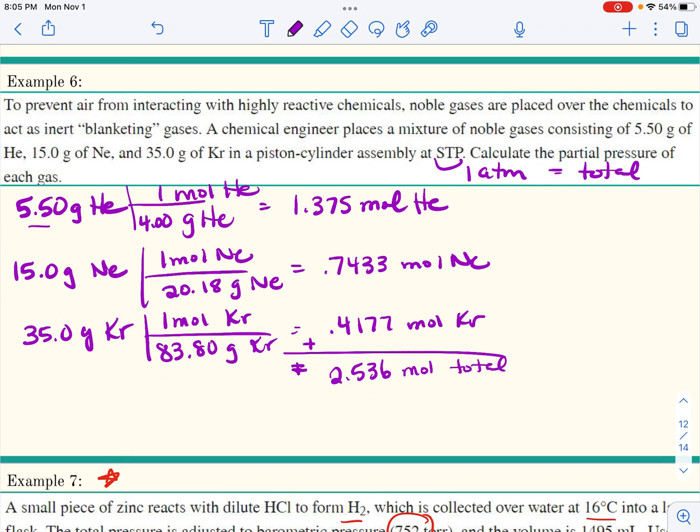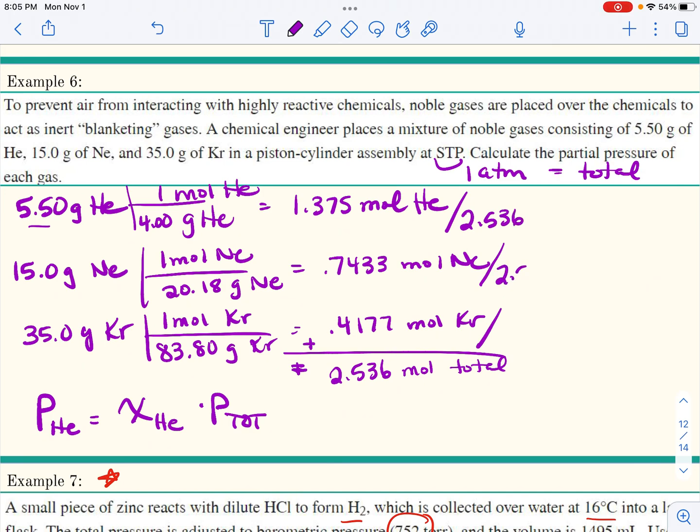All right, they told me that this mixture has a pressure that equals standard pressure. So this is my total pressure. So remember that we're going to do P of my partial pressure of my gas. So in this case, the partial pressure of helium would equal the mole fraction of helium times the total pressure. So this means that we need to find the mole fraction. So to find the mole fraction, we come back in and we're going to divide each gas by the total.